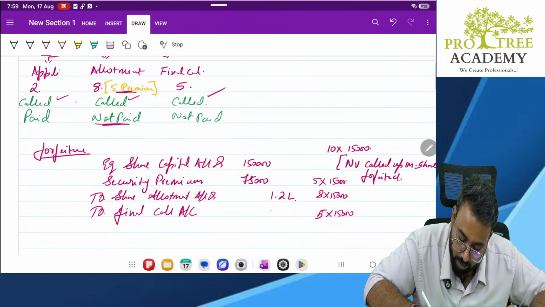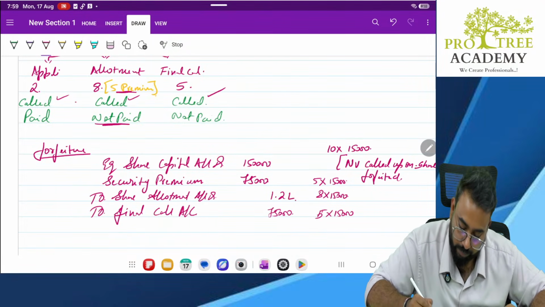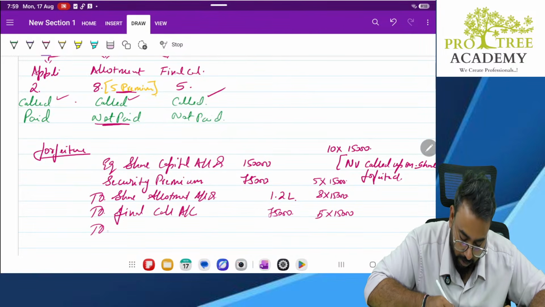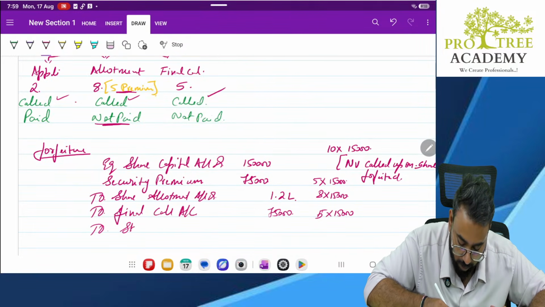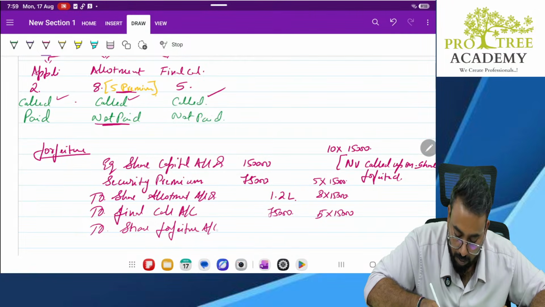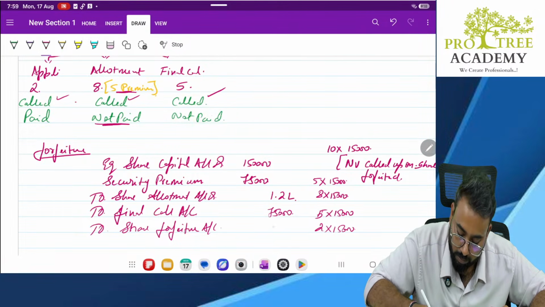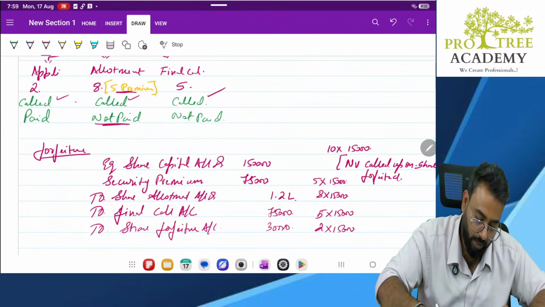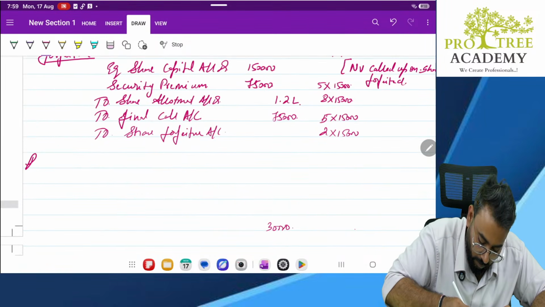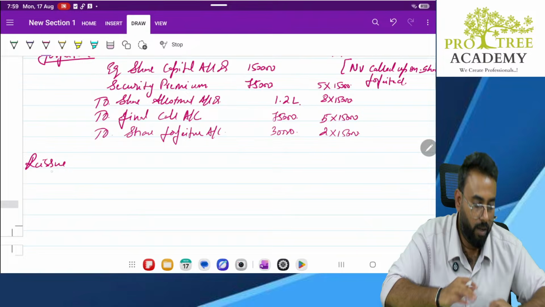So that will be 75,000. Next, the balance, whatever we have already received, will go to share forfeiture account. That is 2 rupees into 15,000. Done? Okay. Next, reissue.